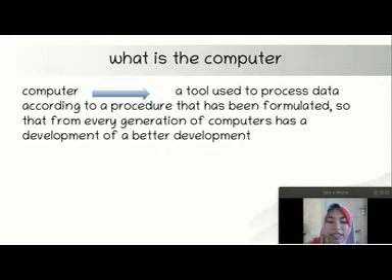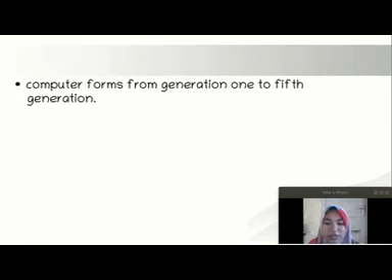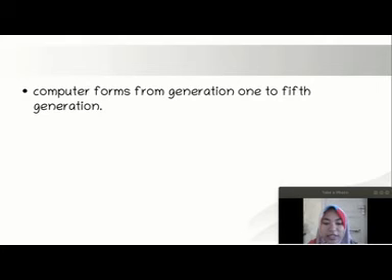In the 5th generation computer, the shape is getting smaller than the previous generation, and the 5th generation computer is still in the development stage, so in the future this generation of computer will be better.